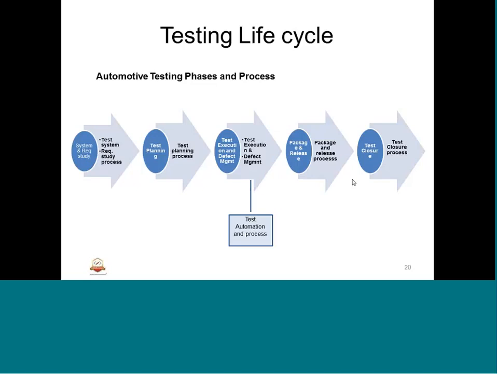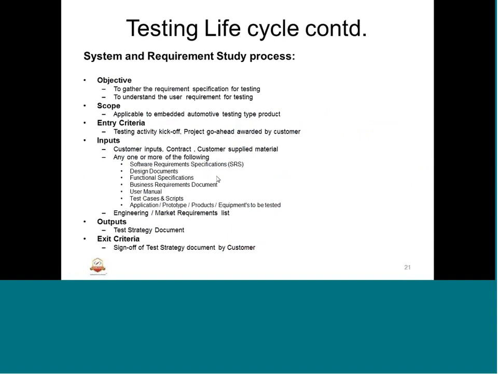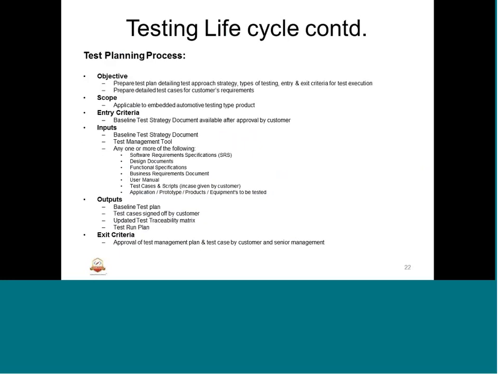So each one of these 5 phases has its own process. Each of them we studied about its objective, scope, entry, inputs, outputs, and exit. I will not go through it in detail because I have already gone through this in detail. As it is applicable in the future, we can address this.